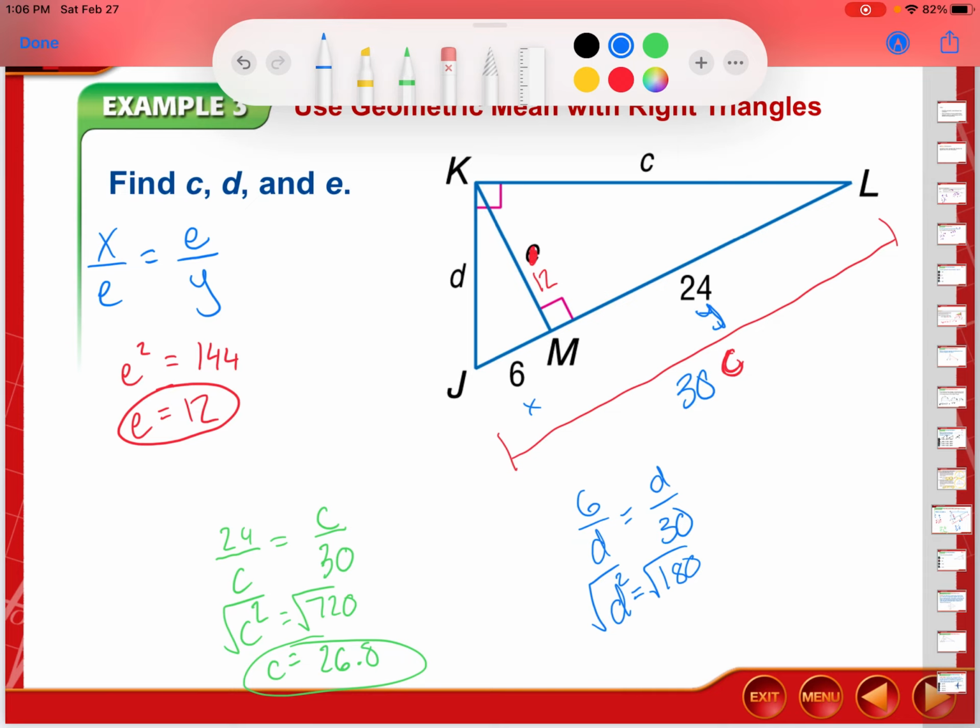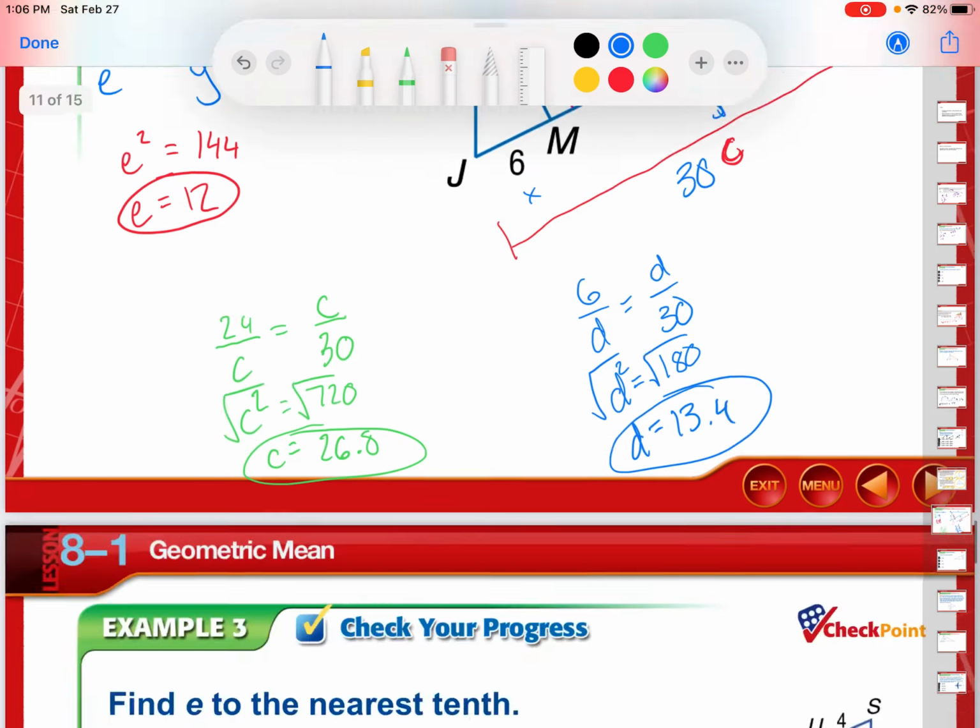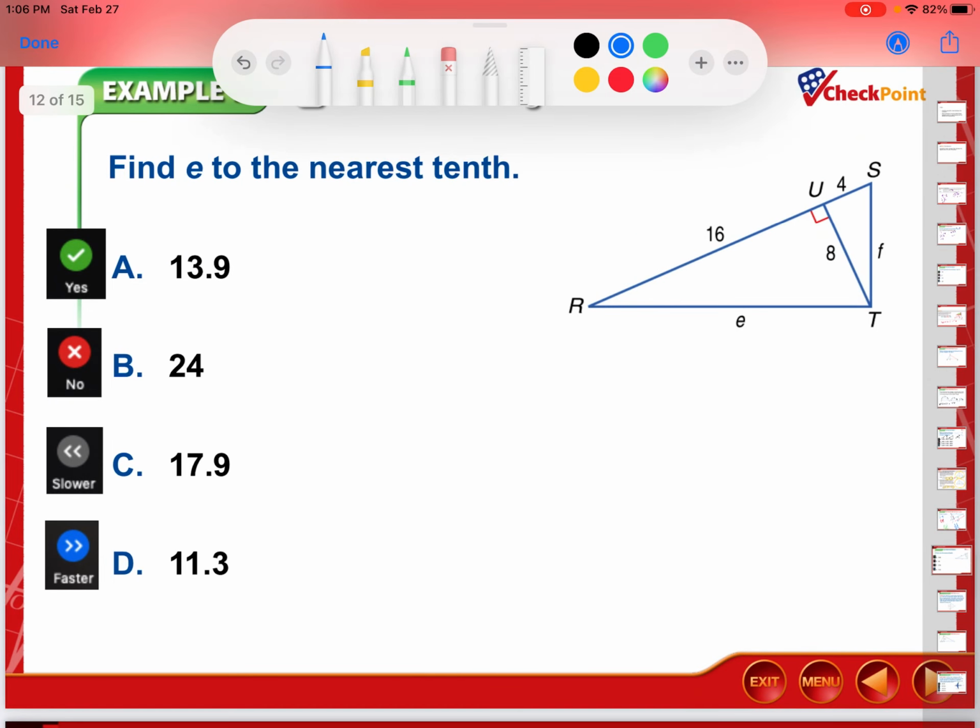We do that in our calculator, and we get 13.4. D equals 13.4. All right, so that is how we apply geometric mean, painfully. All right, so now you would give this one a shot on your own. Find e to the nearest tenth.